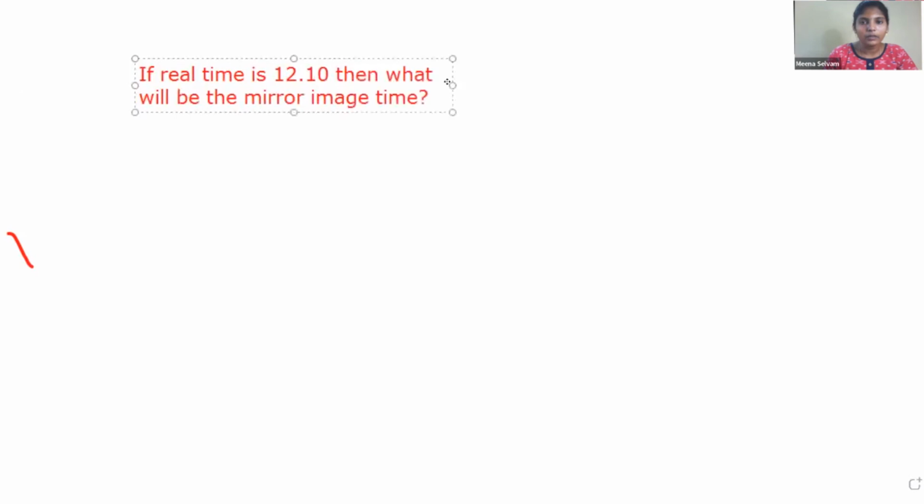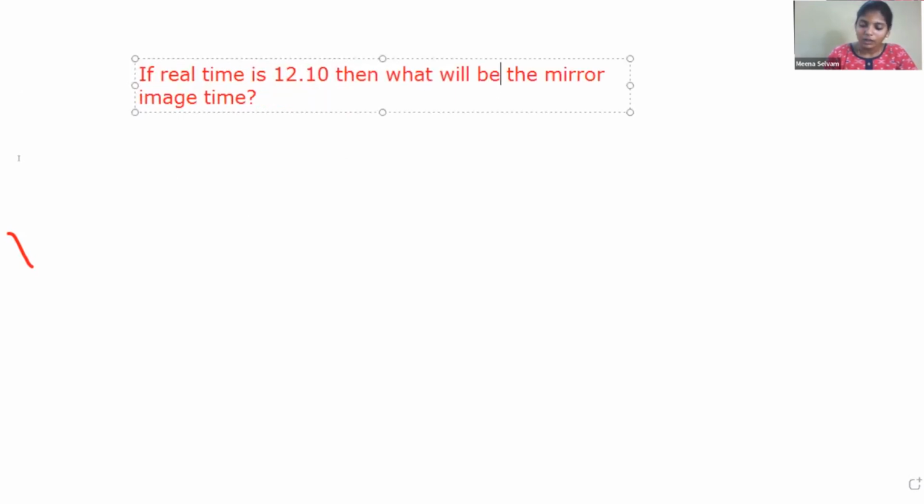Okay, you are given the correct time as 12:10. What is the mirror image time they're asking? The same process only, but do it correctly.